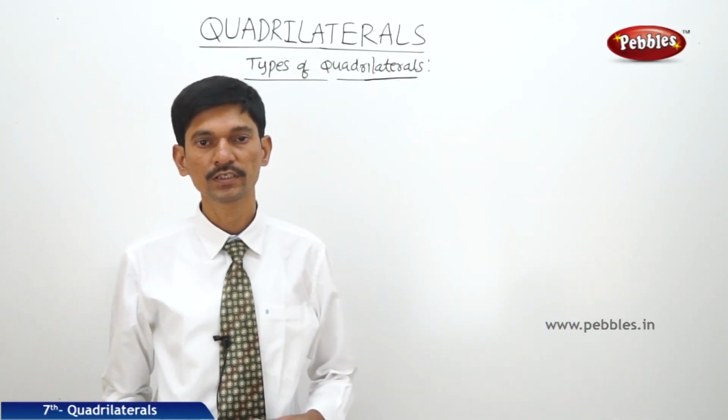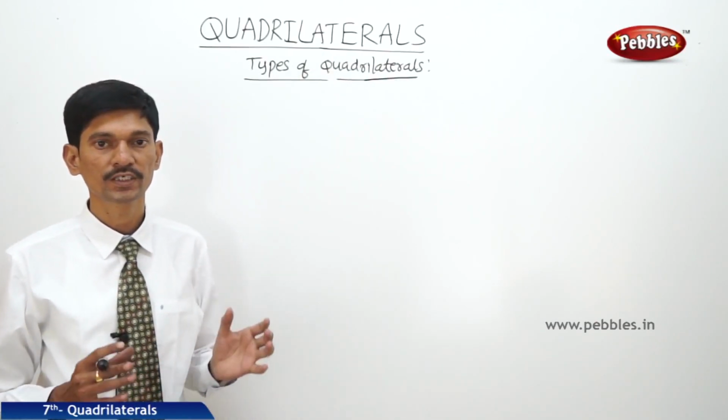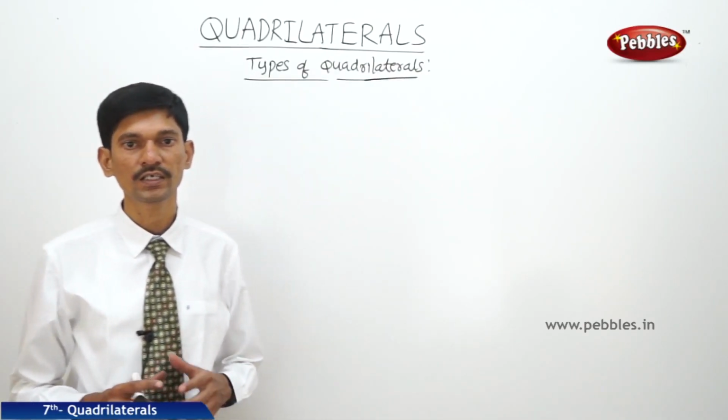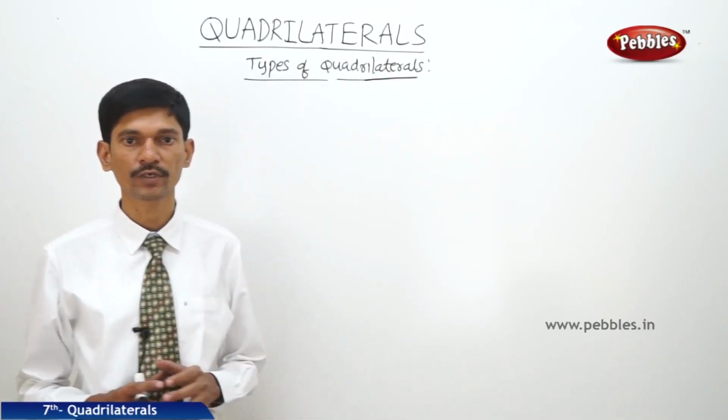So far we have discussed the different types of quadrilaterals, such as a trapezium, kite, a parallelogram, a rectangle, rhombus and a square. Now let us solve few problems based on the different types of quadrilaterals.